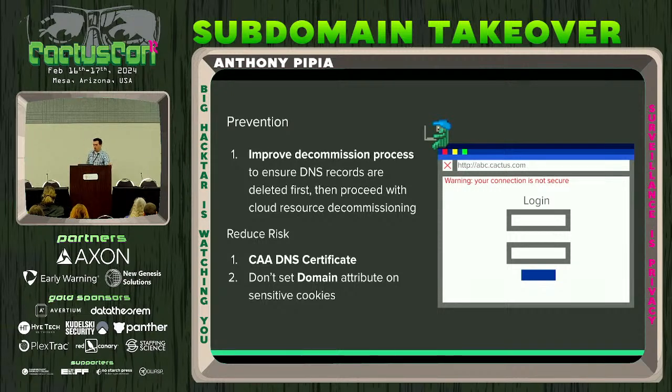So what this protects you from is if somebody took over your subdomain, they couldn't use HTTPS on the site because they can't create a certificate for it because you have a CAA DNS certificate. So this will block people from creating certificates. So it'll make the site look a little less secure. So that might keep your users from actually entering any credentials or trusting the site. Maybe they'll try to go to www.cactus.com and figure out what was going on.